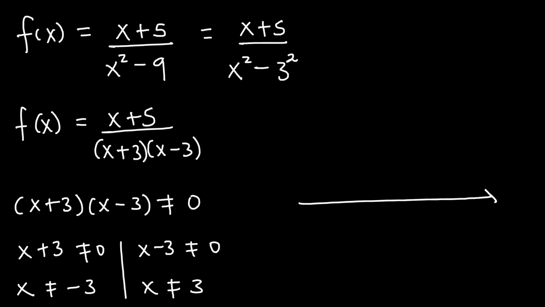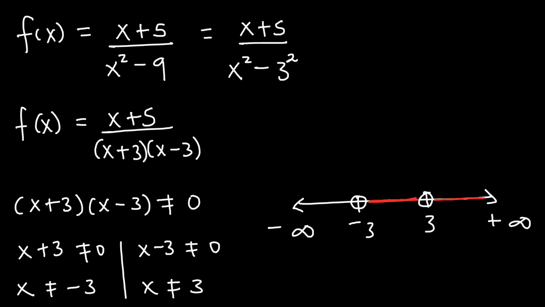And representing this on a number line, here we have negative infinity, negative 3, positive 3, and then positive infinity. And we know that x cannot be equal to negative 3 or positive 3, so we shall mark them using an open circle. And we know that x can be equal to any number apart from negative 3 and positive 3, so we need to shade the region between negative 3 and positive 3.